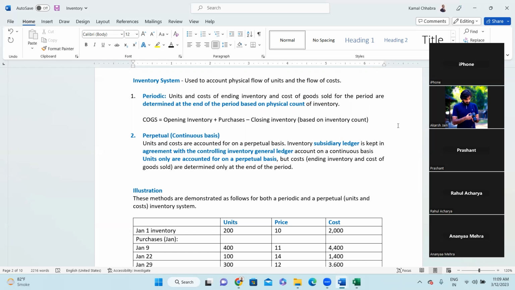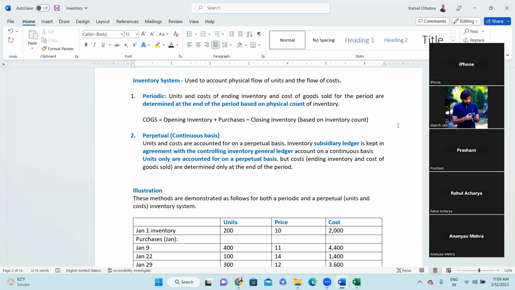So at the period end, you do the physical inventory count and identify how much of the respective quantity of inventory exists on your floor. And then you do the backward calculation. How do you do the backward calculation to calculate the cost of goods sold?